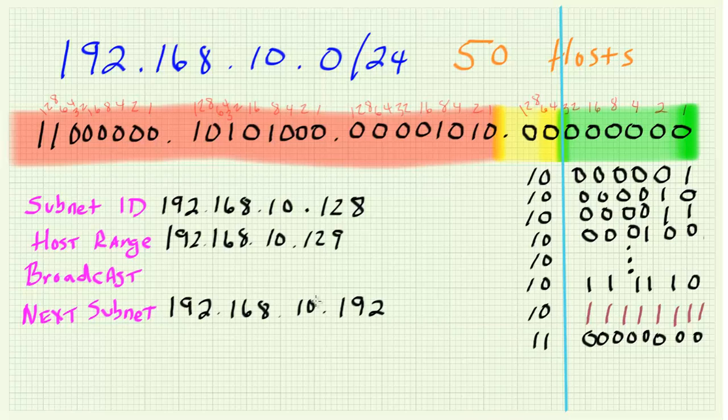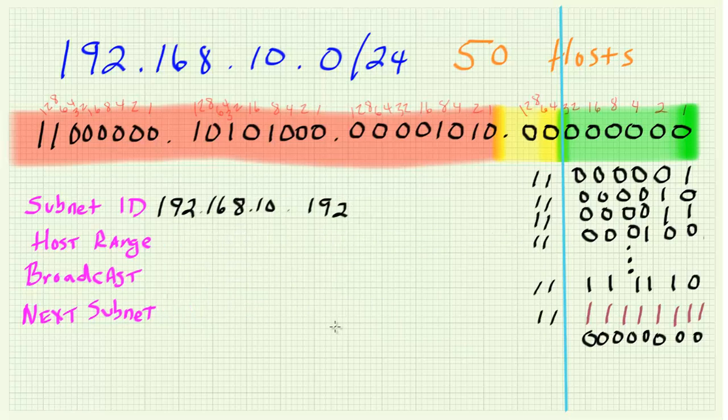We just take our next subnet, 192.168.10.192, and subtract 1 from it. And to get the last host IP address in the range, we take the broadcast and subtract 1 from that, giving us a last host IP of 192.168.10.190.